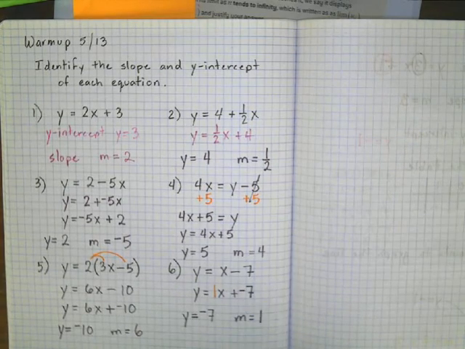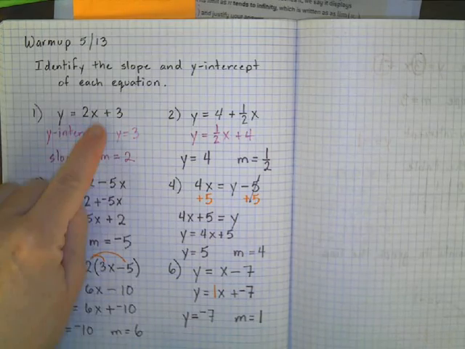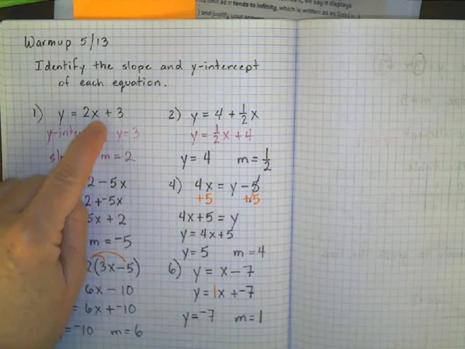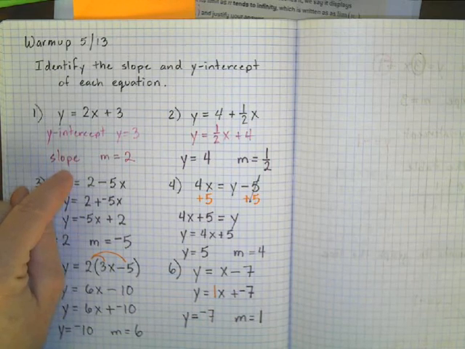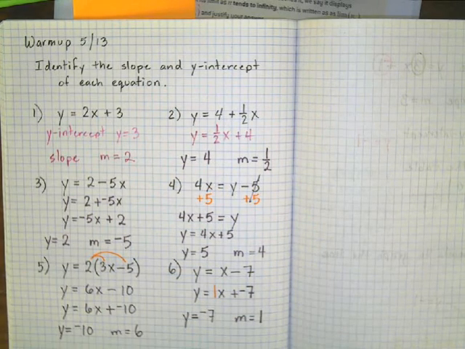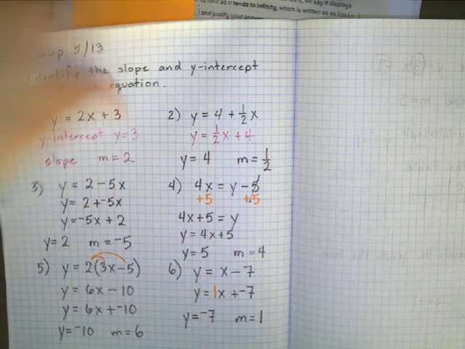All right. So now that we know how to look at an equation and identify its y-intercept and its slope, we are going to use those to graph lines super fast. So let's go over to our notes.